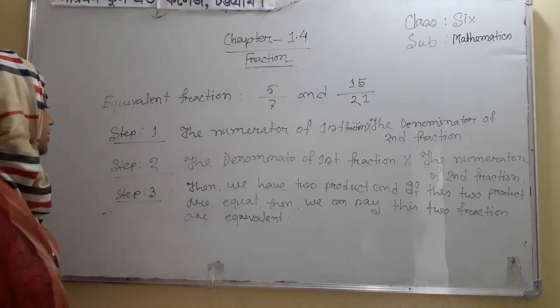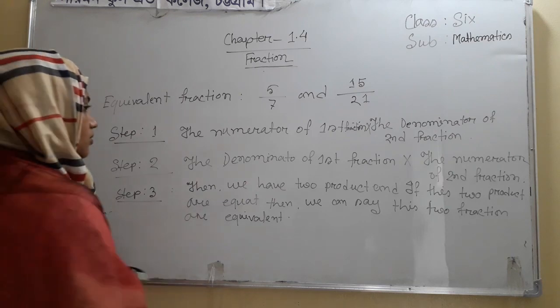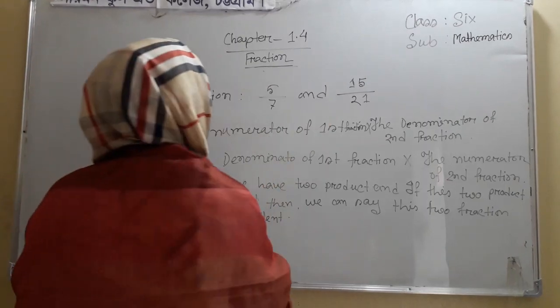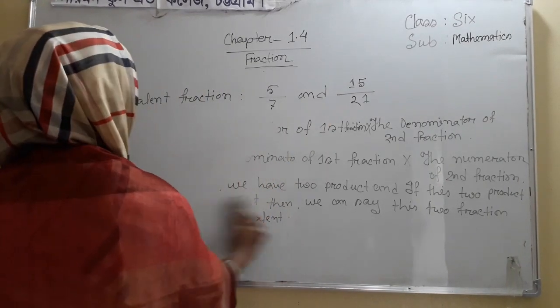We know the step by step formula. Now we determine whether 5/7 and 15/21 are equivalent.